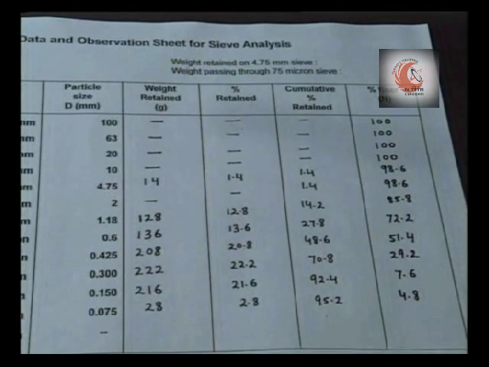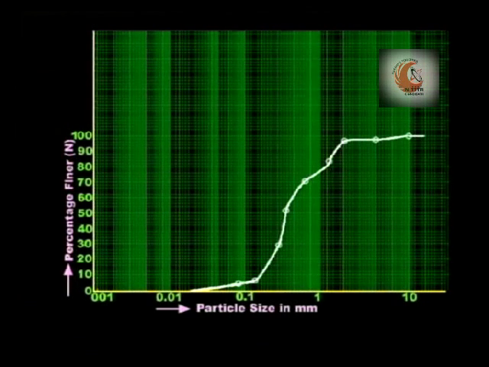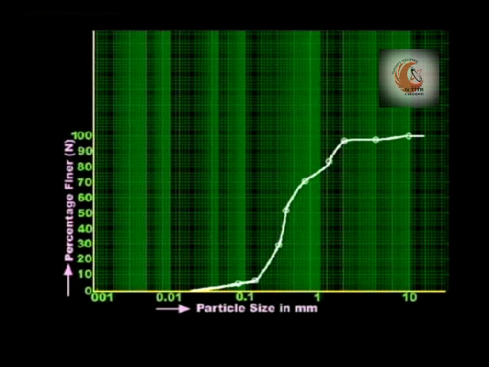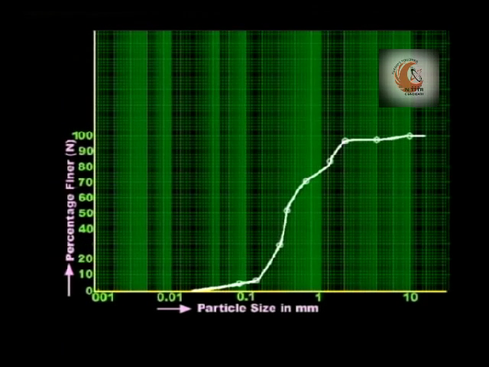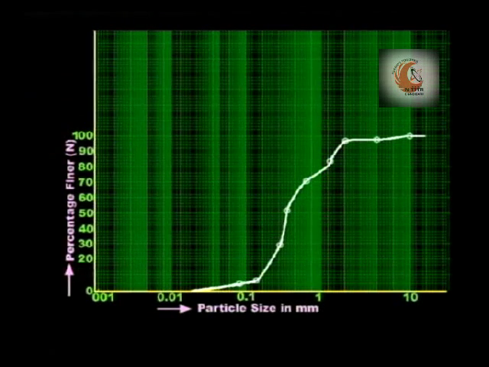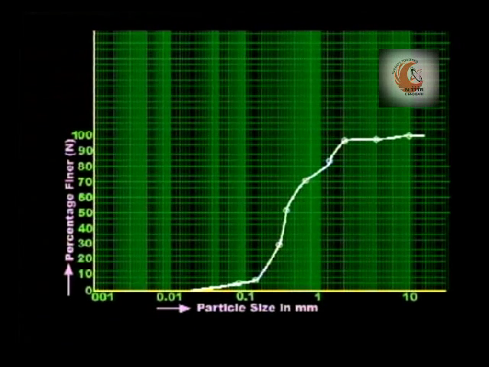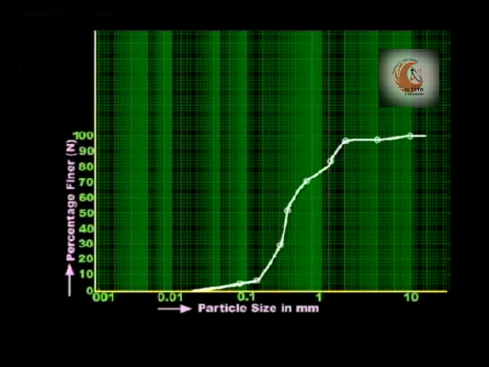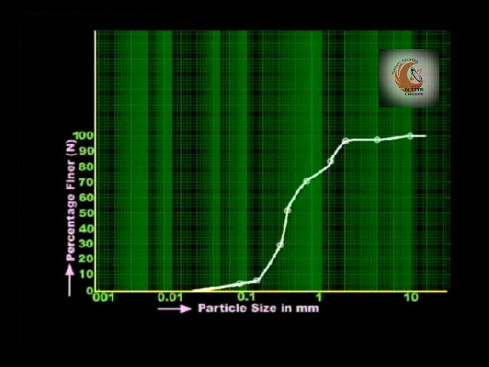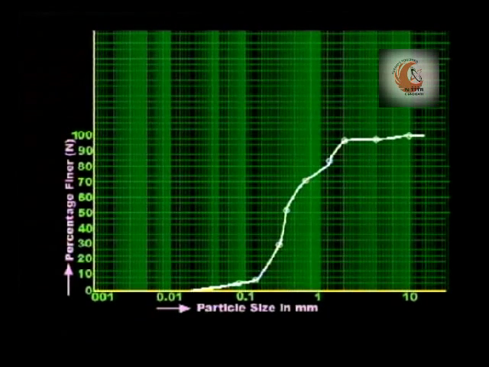Now draw a graph between particle size on the x-axis and percentage finer on the y-axis on a semi-log graph paper. Determine the values of D10, D30 and D60 from the plotted graph, where D10 is 10% finer than size, D30 is 30% finer than size and D60 is 60% finer than size.